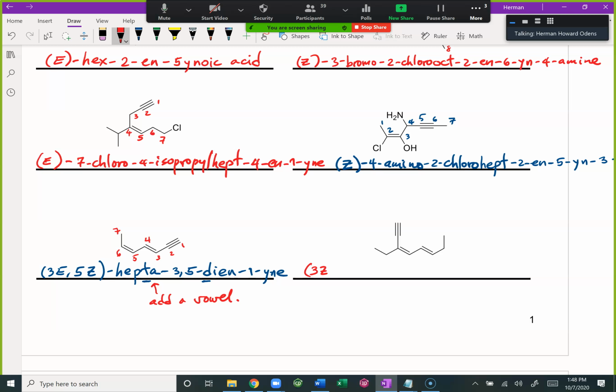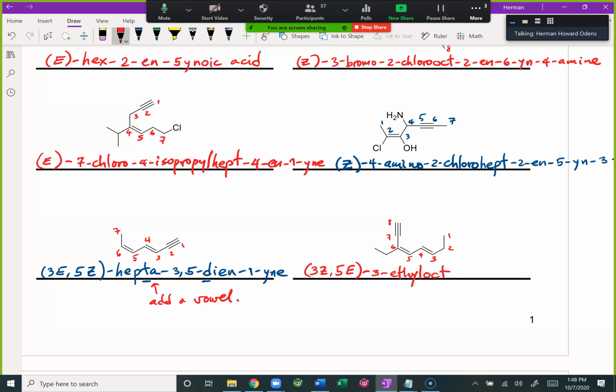3Z, 5E. Then, so we have one. We have to start from this one. 1, 2, 3, 4, 5, 6, 7, and 8. That is our root. Our root is an octa. So 3 ethyl octa. I'm gonna put oct.